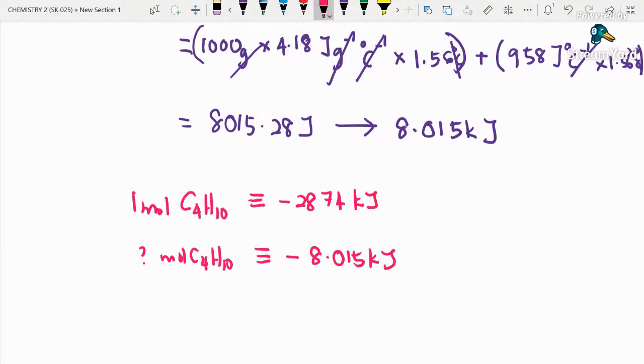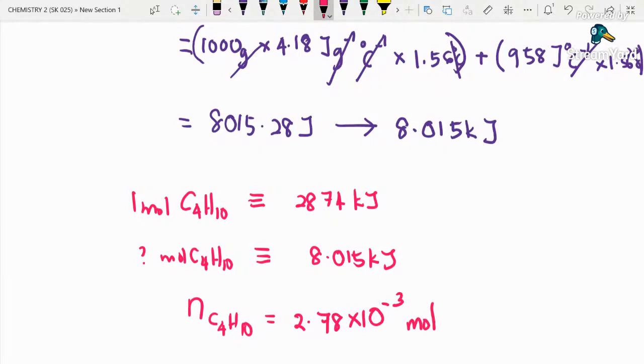As I mentioned previously, this is only the magnitude of heat release, so no need for the negative sign. How many moles? I get 2.78 times 10 to the power of negative 3 mole.